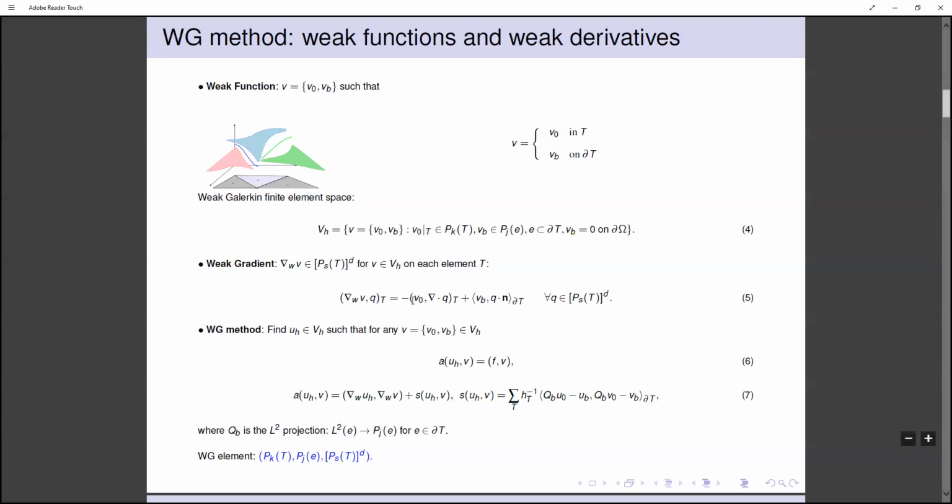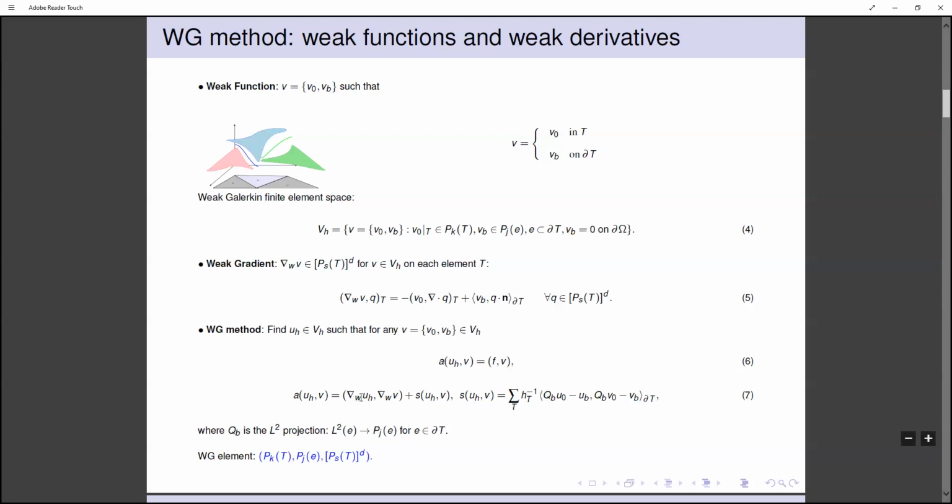After we define weak gradients, we can define what the WG method is. The WG method is: find uh from Vh such that equation 6 is satisfied for all v from Vh. The bilinear form a here is defined in equation 7.